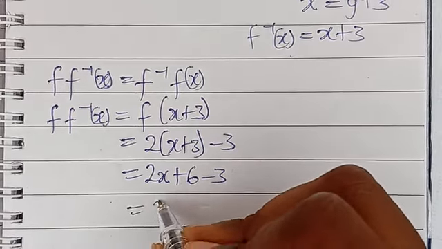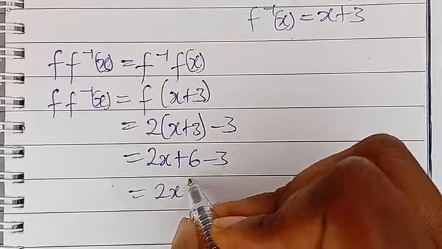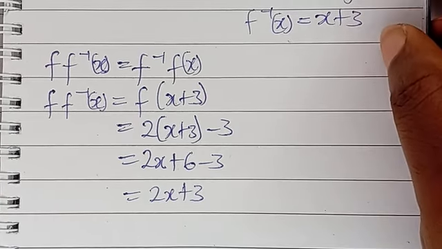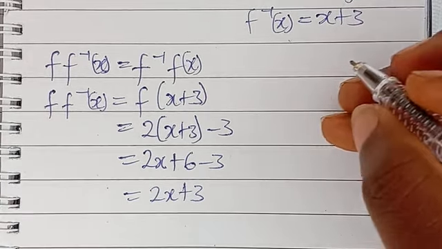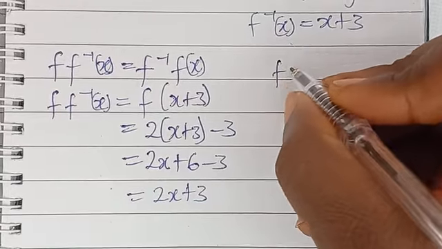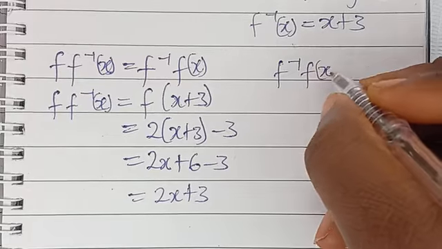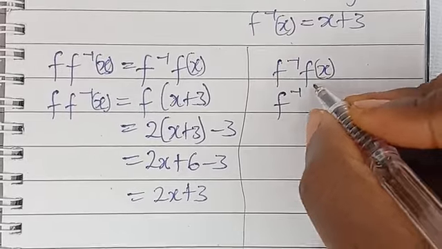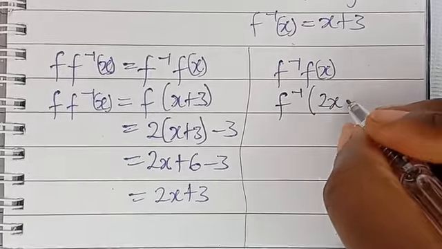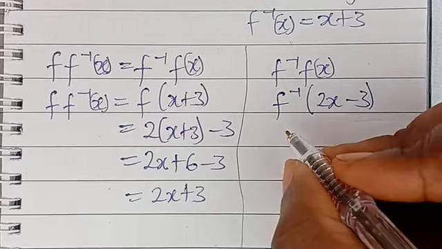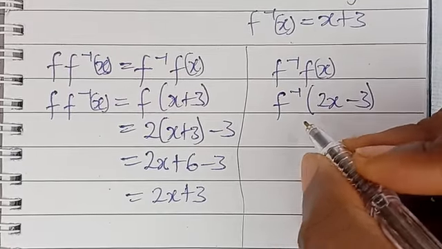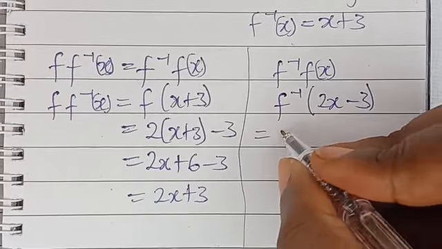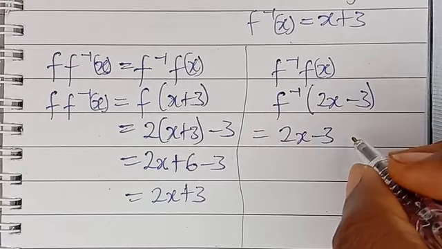And then on this other side, we have to find the inverse of f of x, which is 2x - 3, and wherever we see x here, we replace it with this 2x - 3.